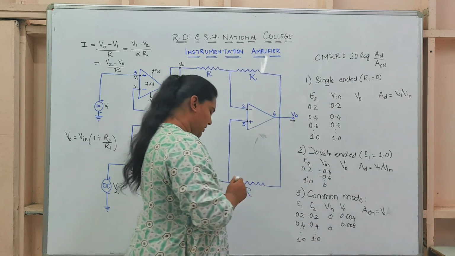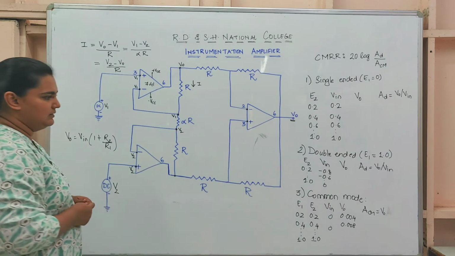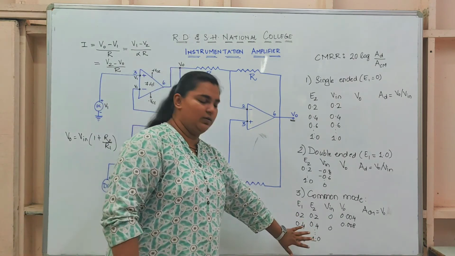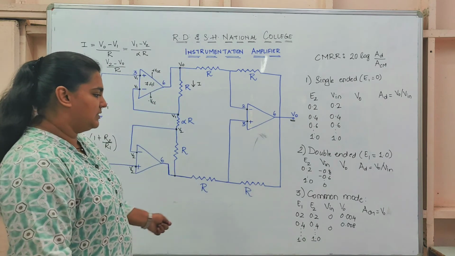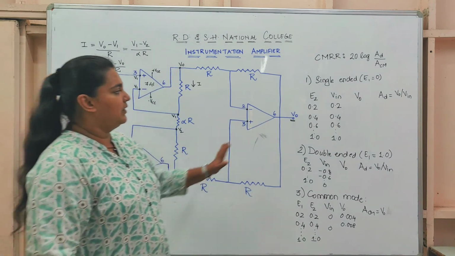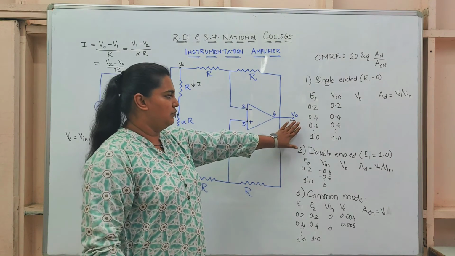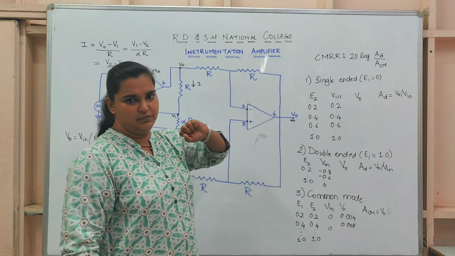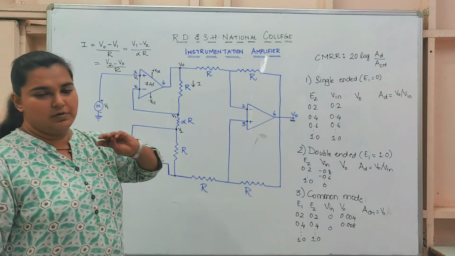So this instrumentation tells us that even if we hold the values of E1 and E2 at the same level, still because of some noises, some signal problems, the output does not come out to be 0. And there is some CMRR, there is some differential gain and common mode gain.